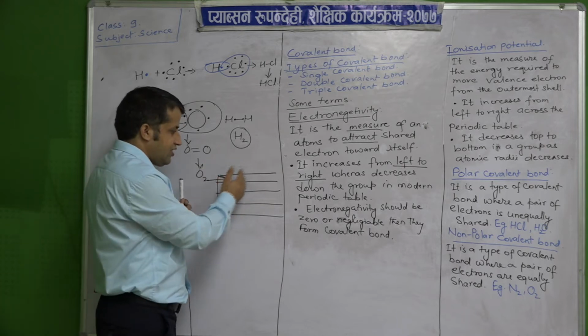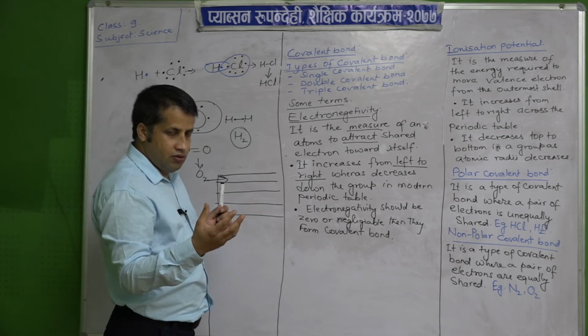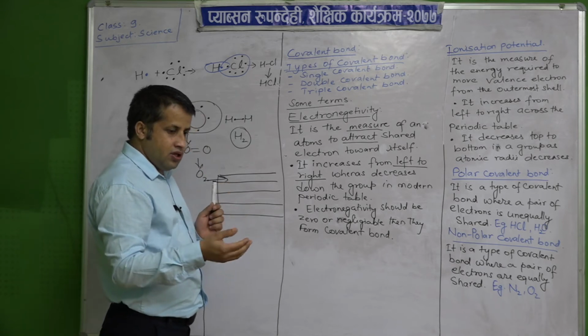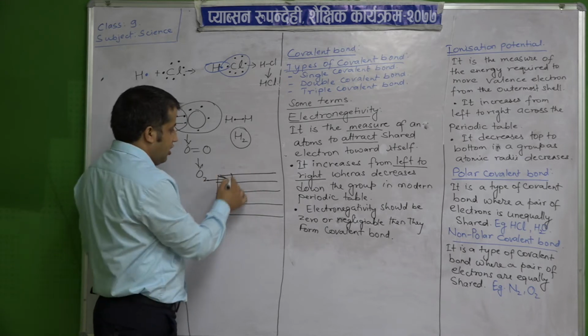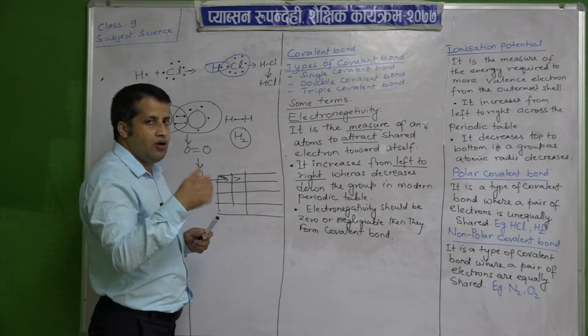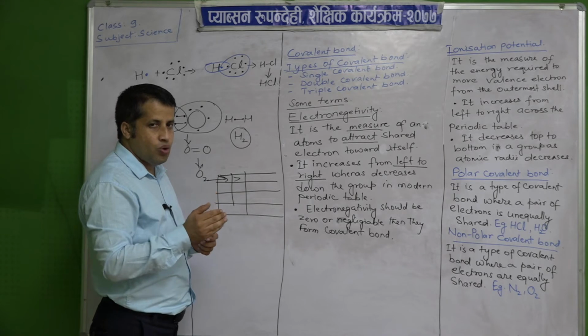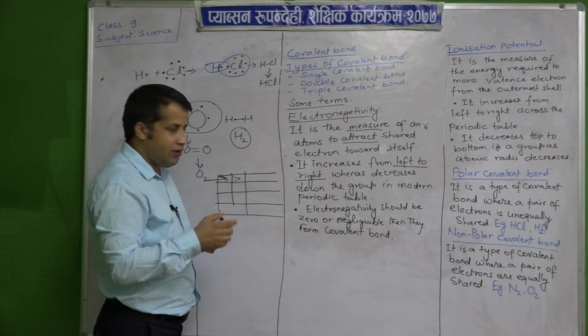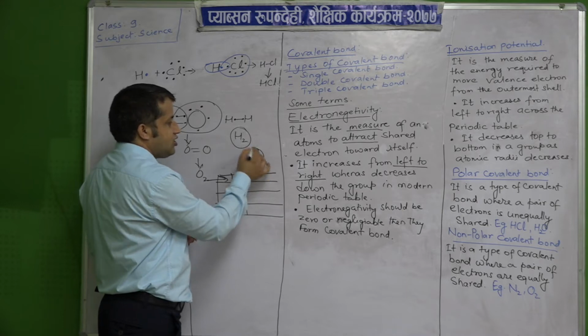All the elements which lie in the same period have an equal number of shells. As the element number goes on increasing when you move left to right, the number of electrons increases, and at the same time the number of protons also increases. That means more charge is in the nucleus in a smaller area.